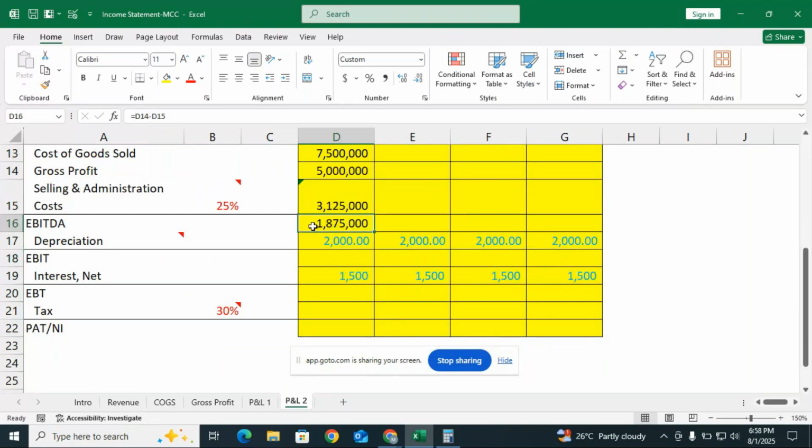Your EBITDA minus depreciation. Then interest has been put in the table. So your taxes equals EBIT minus interest.